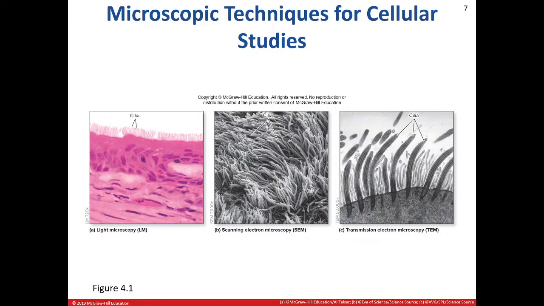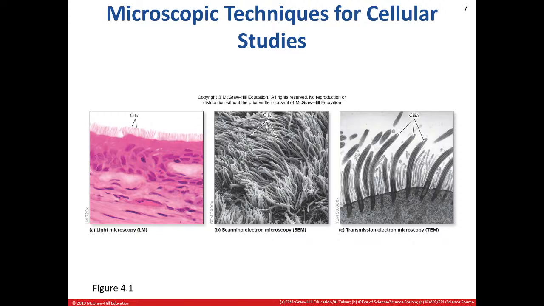All right. And so here on the left, you see the light microscope. Most of the images that we see are going to look like this. And you can see that they've used dyes or stains to give us contrast between the different types of tissue. In this particular tissue, you can see a lot of, looks like smooth muscle at the bottom, and then at the top is epithelia with cilia.